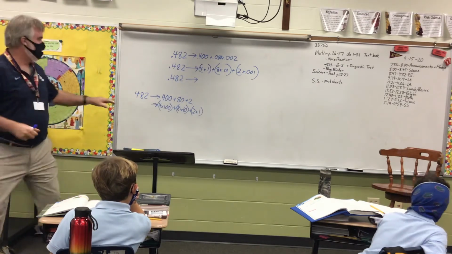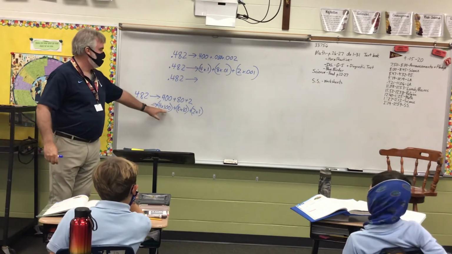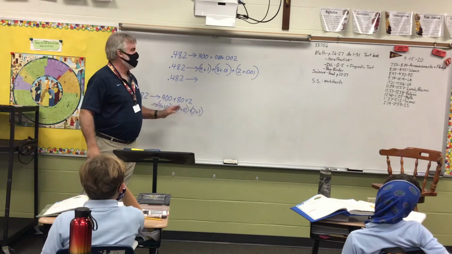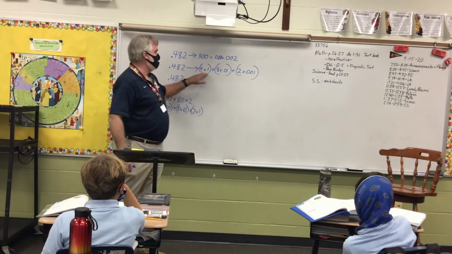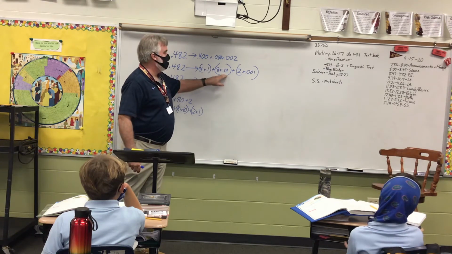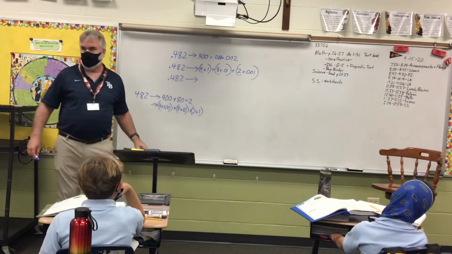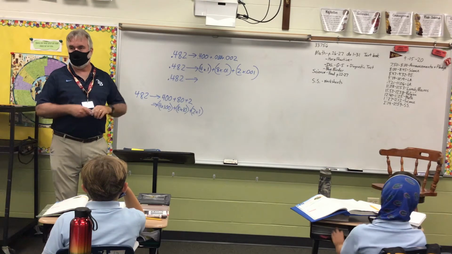If you look at the way we did with the whole numbers, it was 4 times 100, then 10, then 1. You're going to go the opposite way here because you're doing the tenths, then the hundredths, and then the thousandths. And that's the other expanded form.